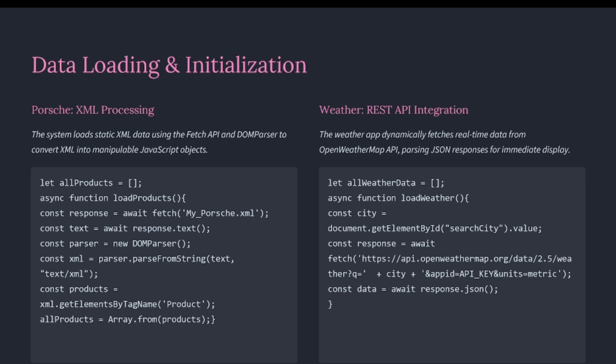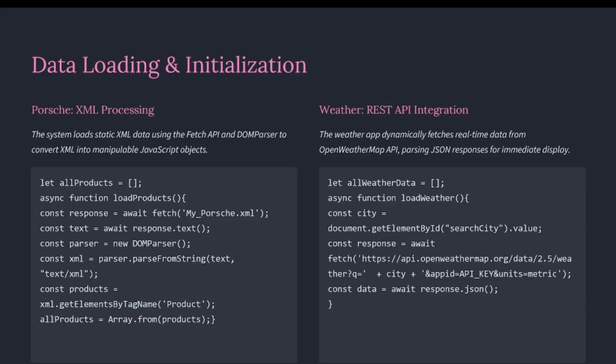I have const response equals await fetch. I have a variable called response, and it awaits and gets the data from myPorsche.xml. Const text equals await response.text(). So it'll make the XML into text.